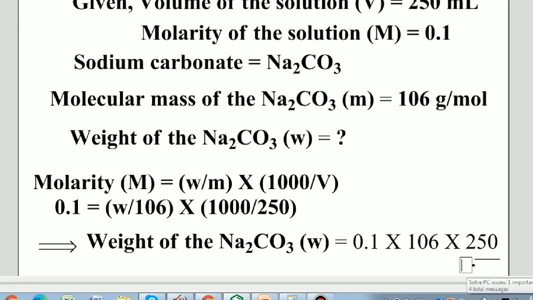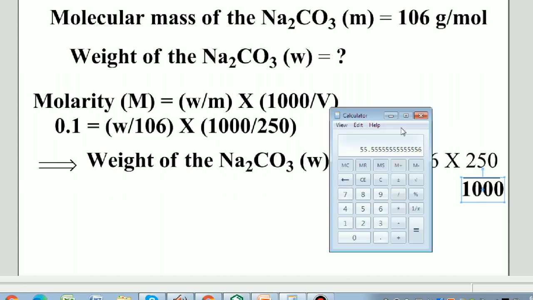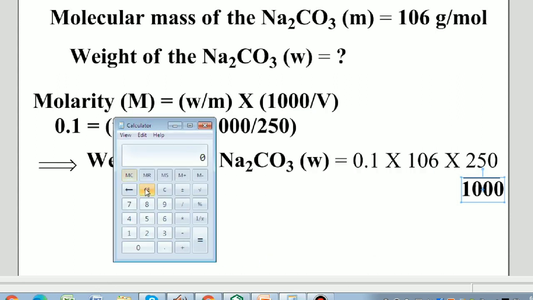This is the molarity of the solution, and this is the weight we can find here. On simplification, students, 0.1 into 106 gives 10.6.